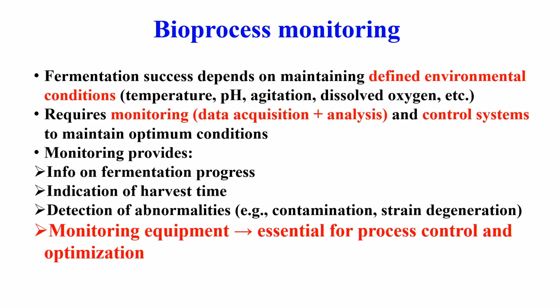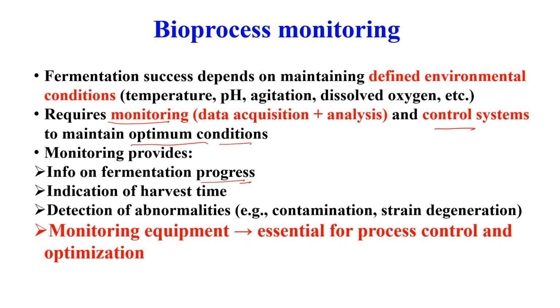In that case you need to monitor those parameters, and if there is any deviation, that needs to be controlled in order to maintain the optimum conditions. If you are monitoring, you will get information on how fermentation is progressing.